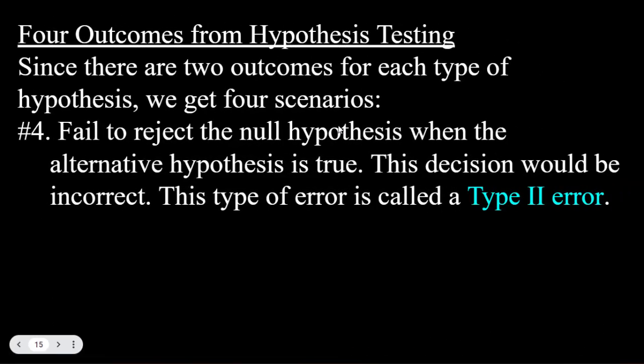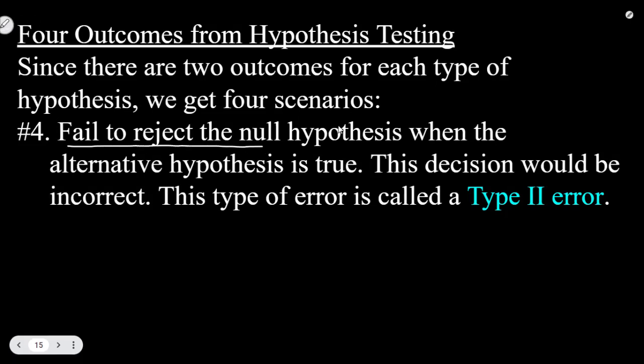The fourth possible thing that could happen is we might fail to reject the null hypothesis when the alternative hypothesis is true. Well, again, that would be incorrect. If the alternative hypothesis is true, we want to reject the null hypothesis.